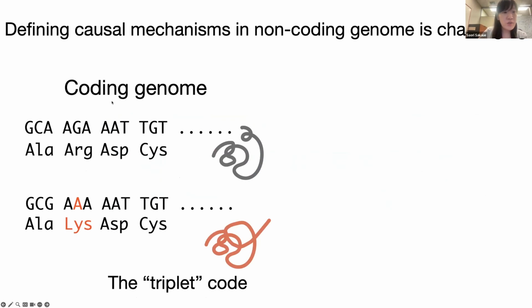If it is a coding genome, I don't think it's an easy problem, but at least we have something like a triplet code. So if you have a mutation from G to A, we can at least speculate that arginine would be changed to lysine, which may result in some abnormal protein function that results in a disease phenotype.